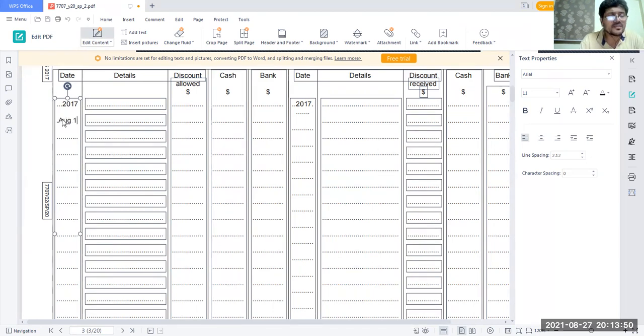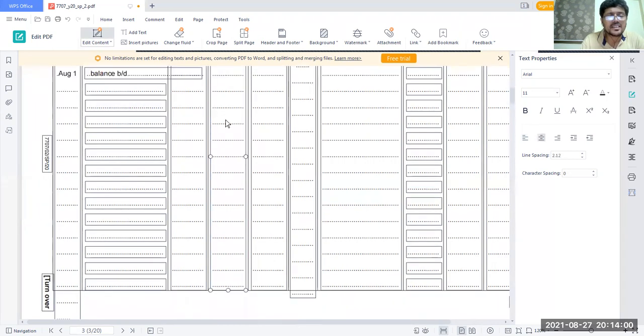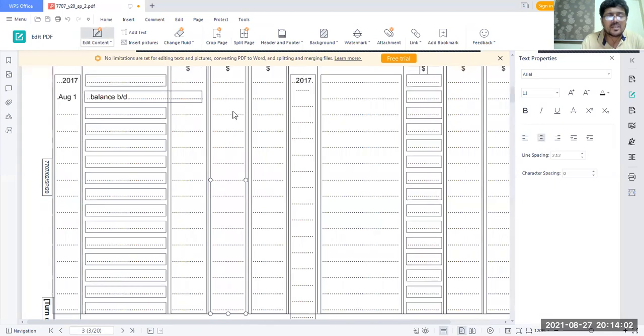August 1st, balance brought down for cash, 50.